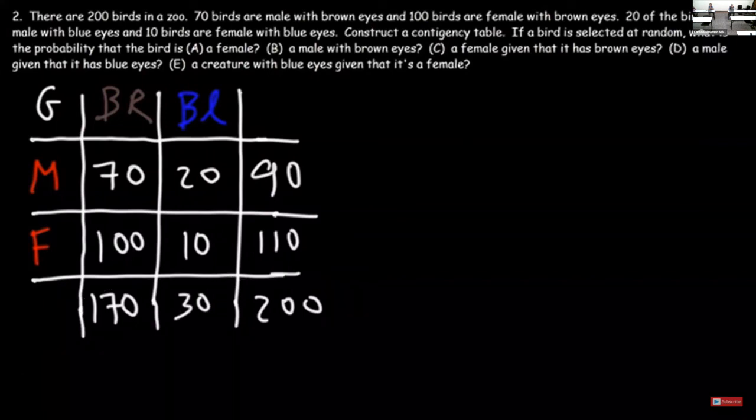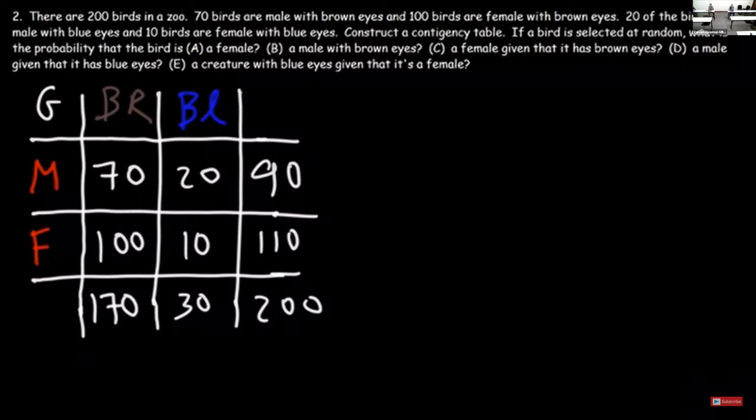So now that we've filled out the contingency table, let's answer some questions. If a bird is selected at random, what is the probability that the bird is a female? So let's start with that. So what's the probability of getting F?